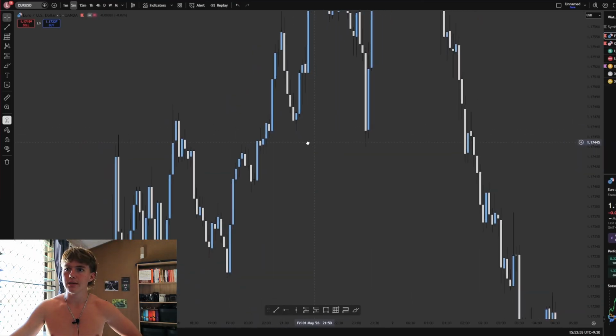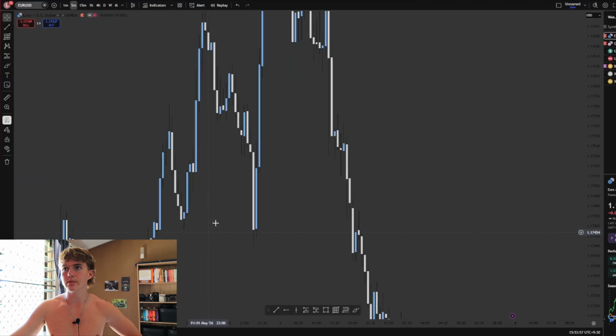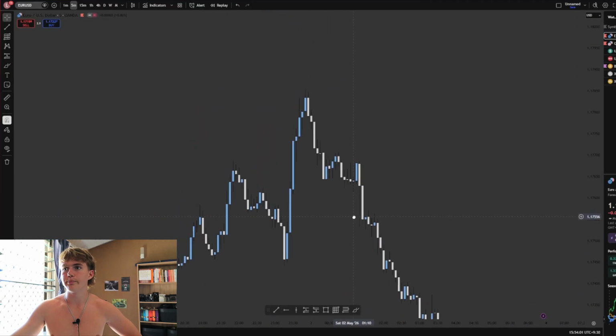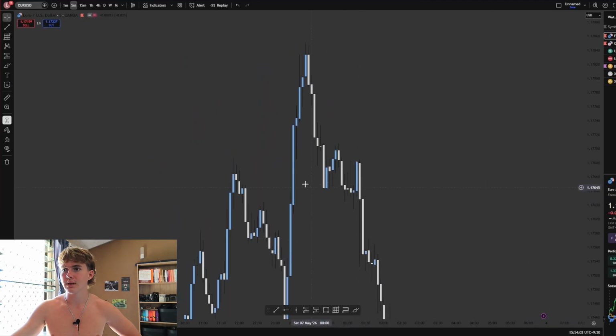Let's see if we can find a better example where it doesn't get respected. This is a good one. Boom, we're in an uptrend, we see down moves. This fair value gap gets tapped and respected once. Or, yeah, it gets respected, we see an up candle.